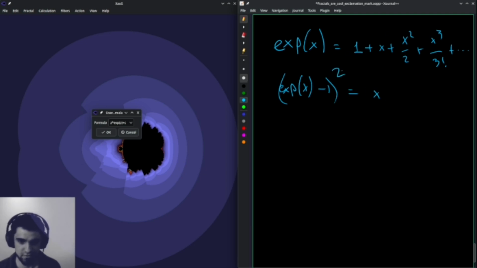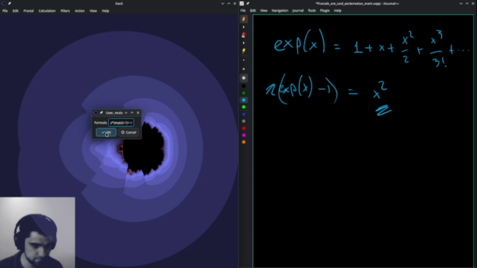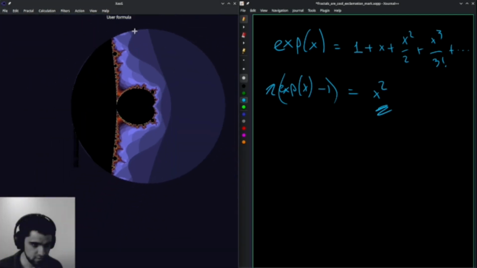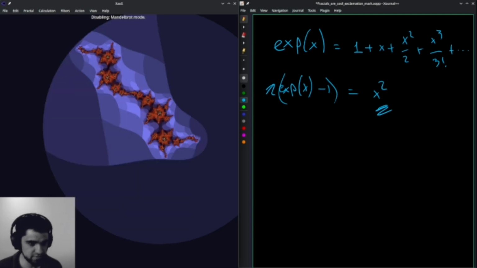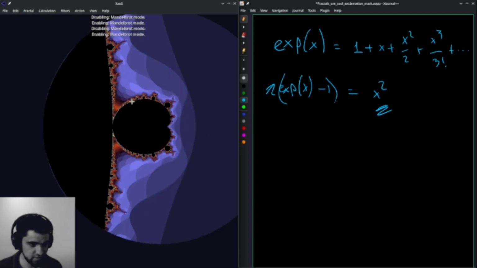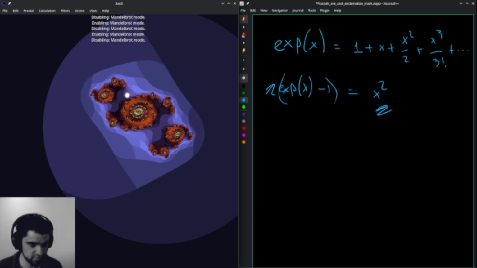So we can take that squared, or we can multiply by x to get something that begins with x squared, right? So let's try z times the exponential of z minus 1. So we once again have something that looks kind of like a Mandelbrot set, but quite different in some quite interesting ways.